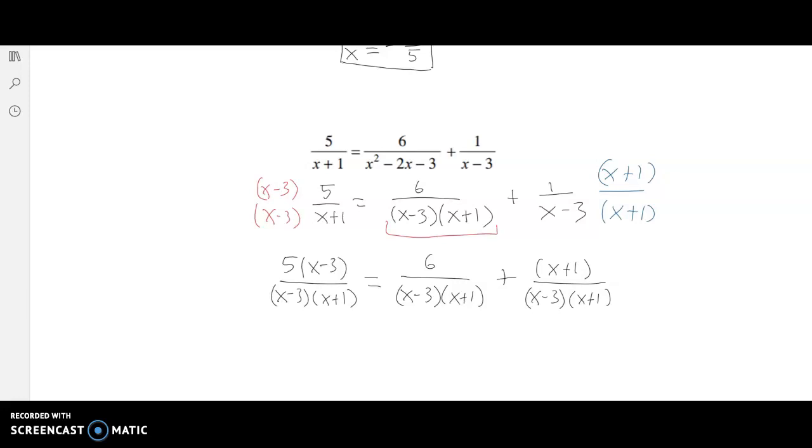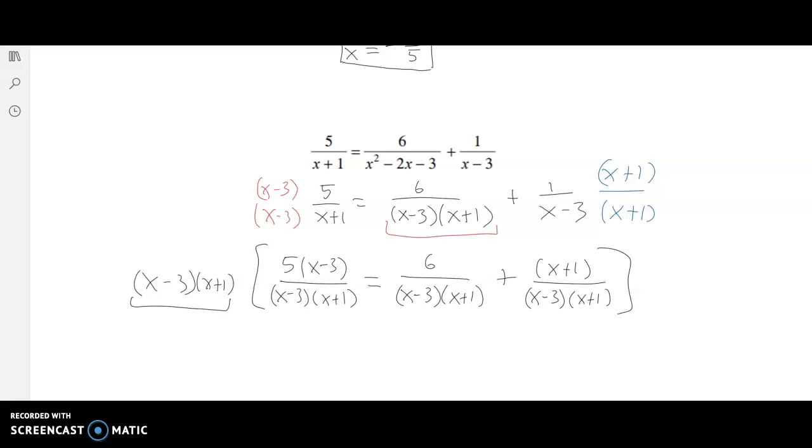So now that all the denominators are the same, I'm going to essentially ignore them. You could also think about it as multiplying the whole thing by x minus 3 times x plus 1, distributing it into each term, which essentially cancels out the denominators.